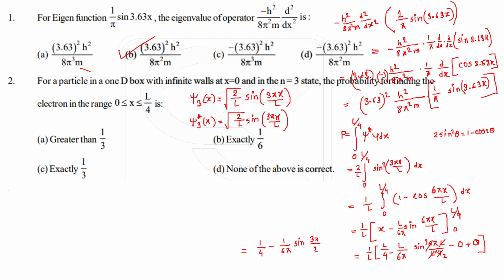Yes, sine 3 pi by 2 is minus 1. So obviously you are going to get 1 over 4, then minus 1 minus minus becomes plus 1 by 6 pi. Let me see what the value is. I will look at the calculator on my phone: 1 divided by 4 plus 1 divided by 6 pi.